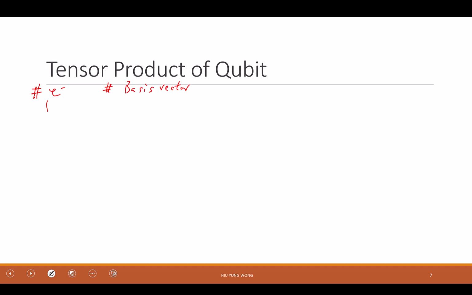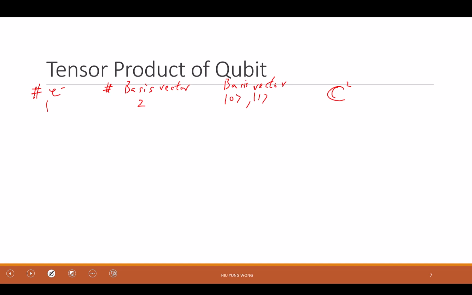We have 2, right? And what are they? I'm going to call them 0 and 1. Again, it's just a name. And we call this a C2 space, complex number 2-dimensional space, 2D complex space.